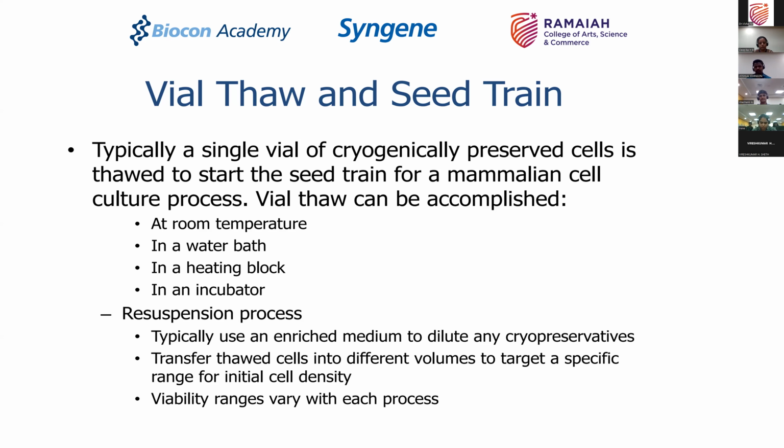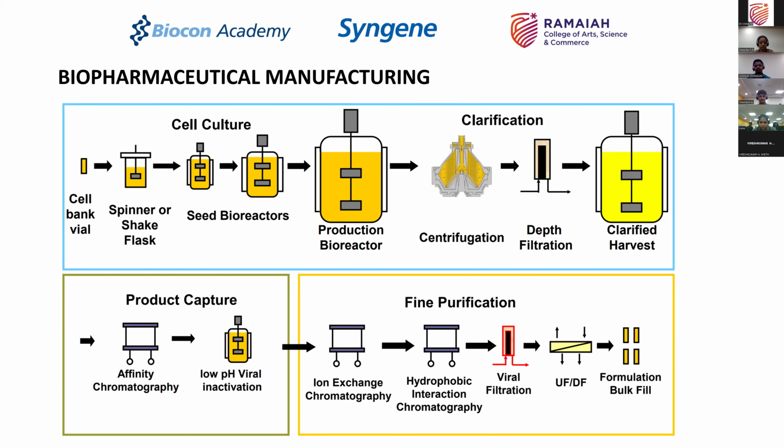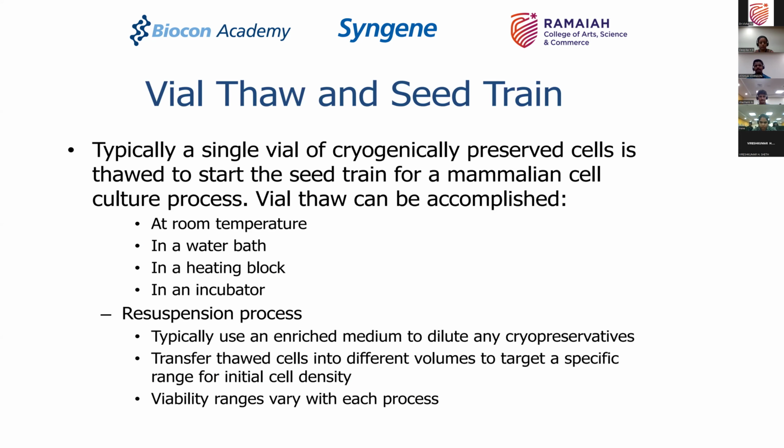Then transfer the thawed cells into different volumes to target a specific range of initial cell density. So you prepare media, fermentation media or the growth media, in shake flasks or spinner flasks or even certain small lab scale reactors, like wave bags, and in that you transfer the cells aseptically, and you achieve a certain cell density.